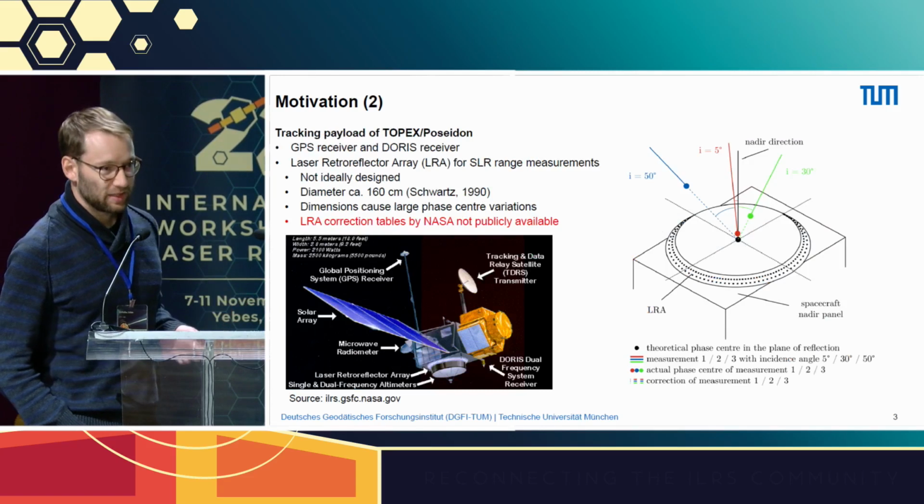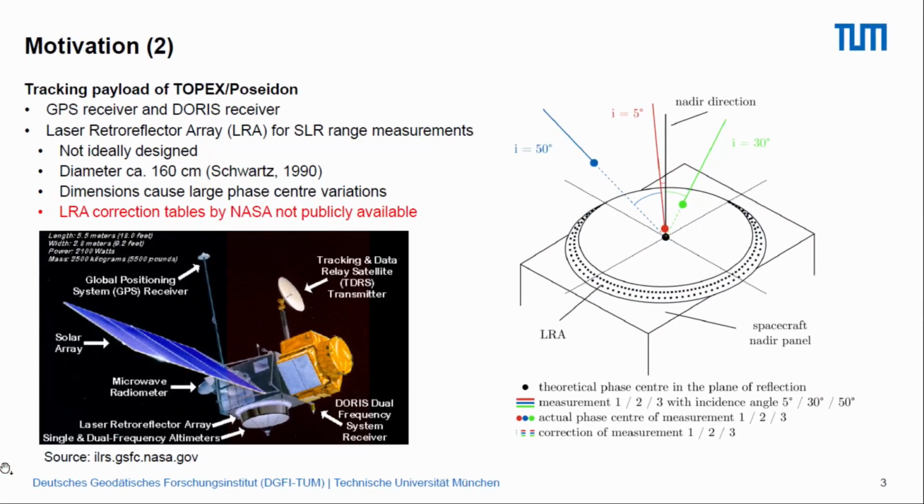The payload of the satellite actually was a GPS receiver, a DORIS receiver, and as a target for laser ranging observations, a retroreflector array. My focus is now on the characteristics of the LRA, because it was designed in the 1980s, and it's quite huge for such an instrument.